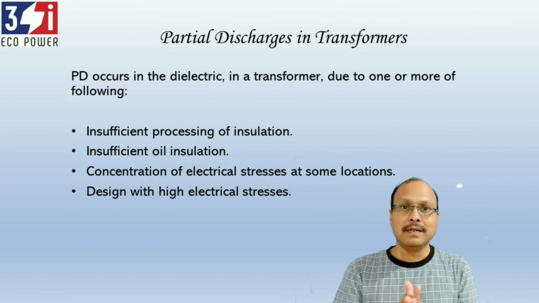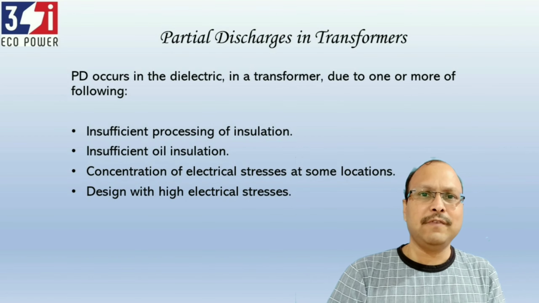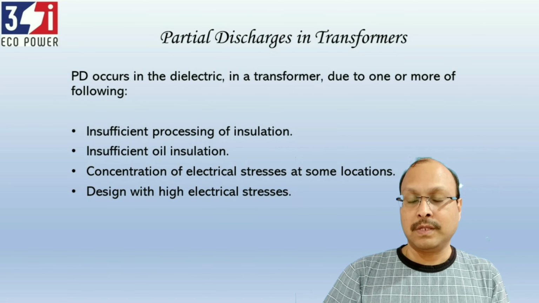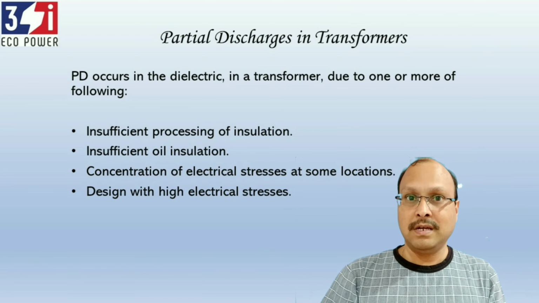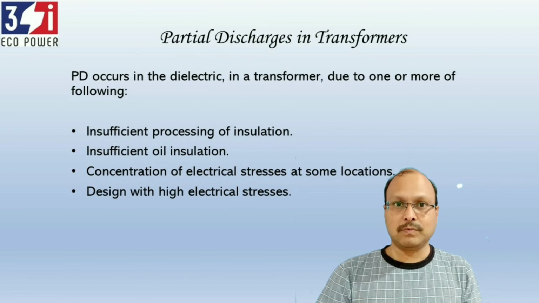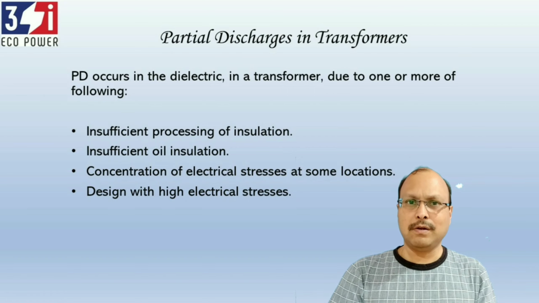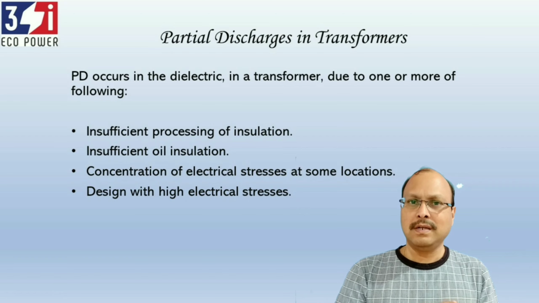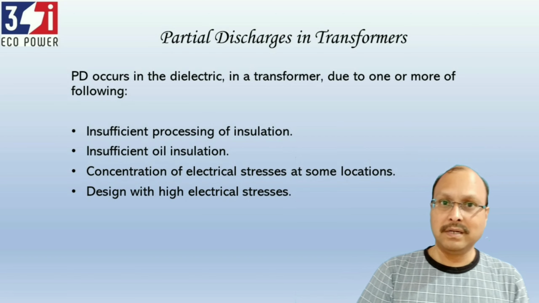Partial discharges can occur, first and fundamentally, if your design is not proper. Or if there is a high electrical voltage stress across the insulation system, or wherever there are brazing or sharp edges which are not properly ground, these will increase the voltage stress along the surface of the sharp edges, and partial discharges may occur.